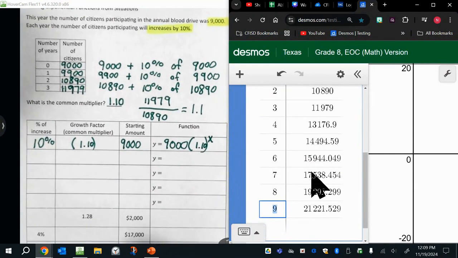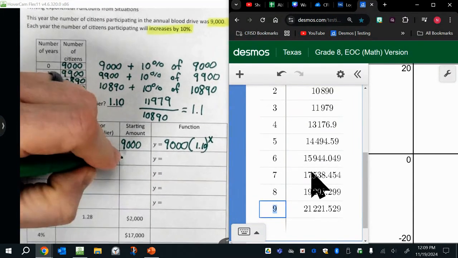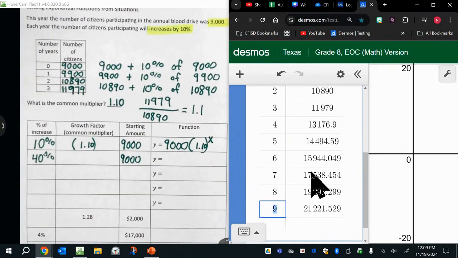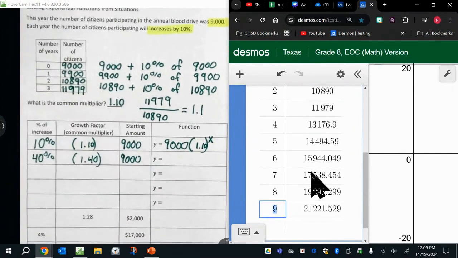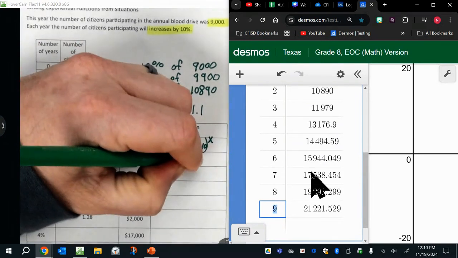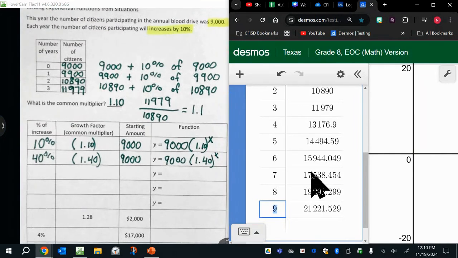So what about if I had a 40% increase, still starting at 9,000? What would that be? Well, this would read 1.40. So 9,000, and we are adding 40% each time, or multiplying by 1.40 each time.